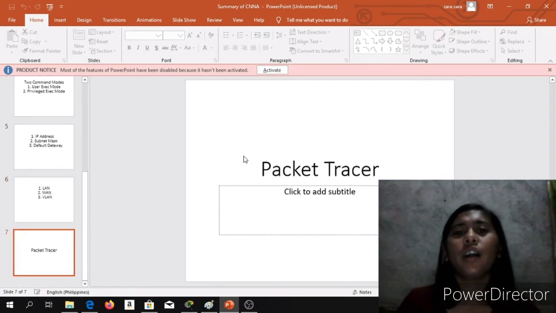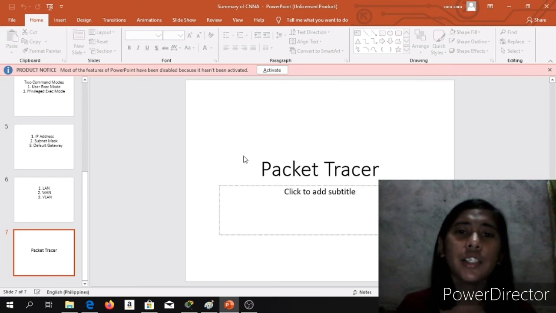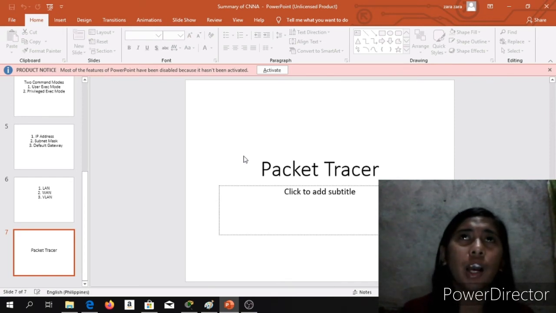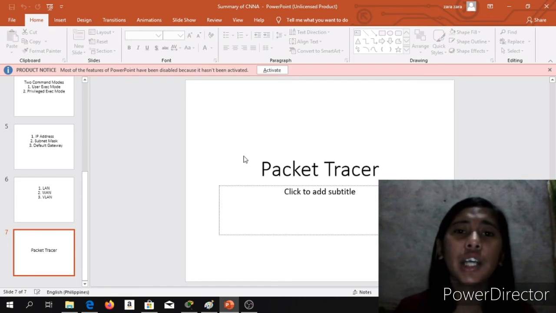This Packet Tracer is very important while I am taking the CCNA 1 Routing and Switching, because Packet Tracer is a networking tool that supports a wide range of physical and logical simulations.